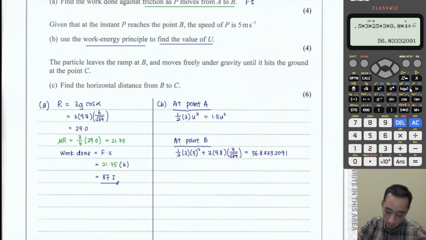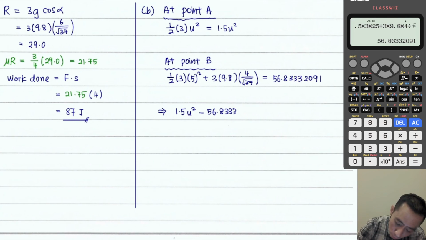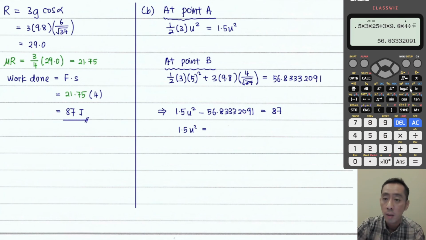Here I form the equation: 1.5 u squared minus 56.83332091 is equal to 87. So 1.5 u squared is equal to this number plus 87.